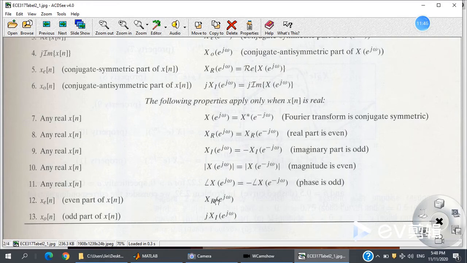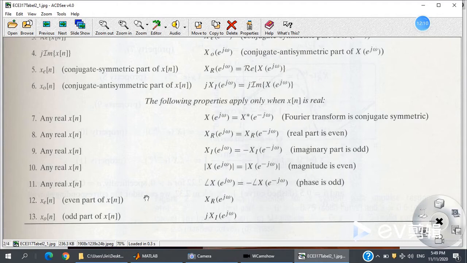Okay, it's here. Capital XR, that means the real part of capital X. Now we only have capital XR. We do not have the XI. Here we separate X into XR and XI. We only have XR. That is our HR.